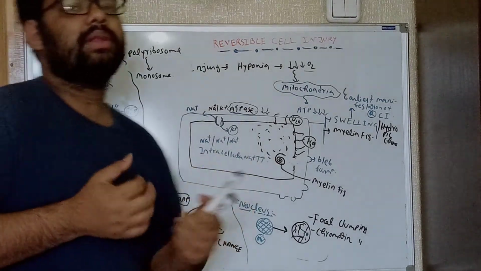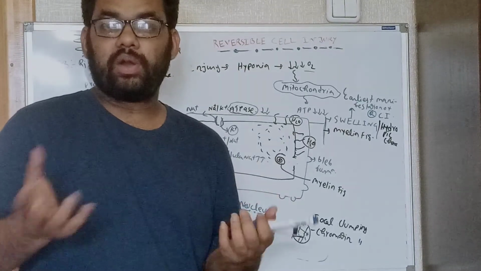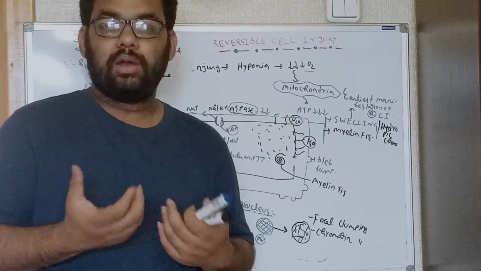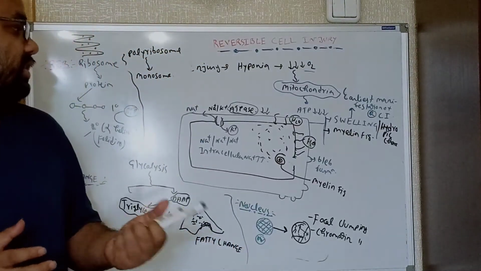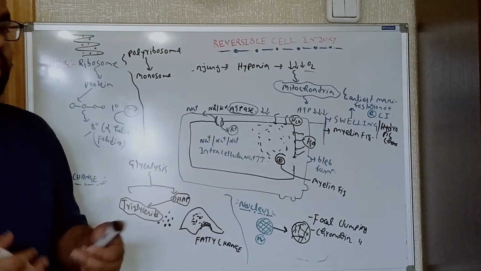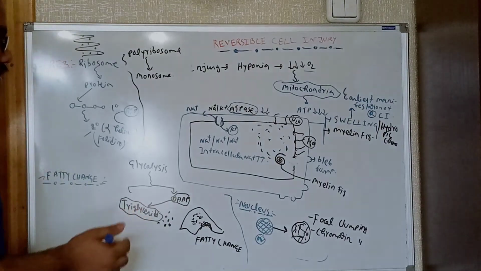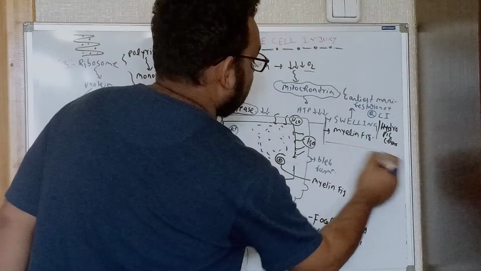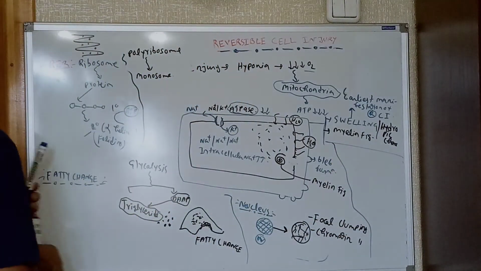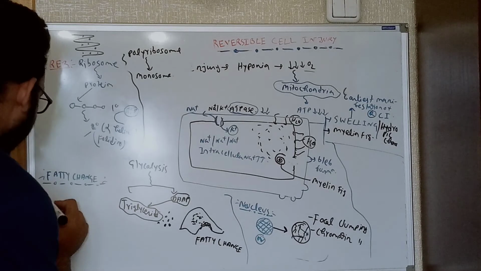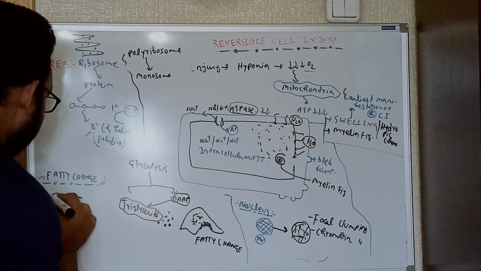For example, whenever the oxygen is not available, the glucose is coming, we are taking the diet, but after taking the diet, glucose is not able to oxidize because of the lack of oxygen. So the glucose molecules are not getting utilized. In our body, glycogen is stored within the muscles and liver.